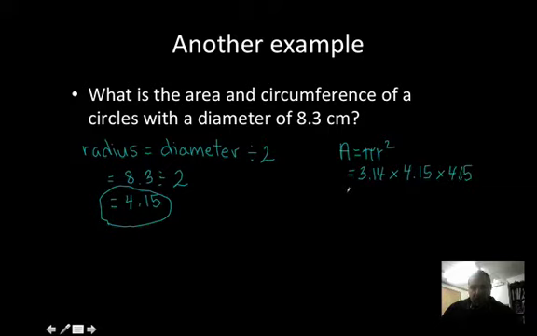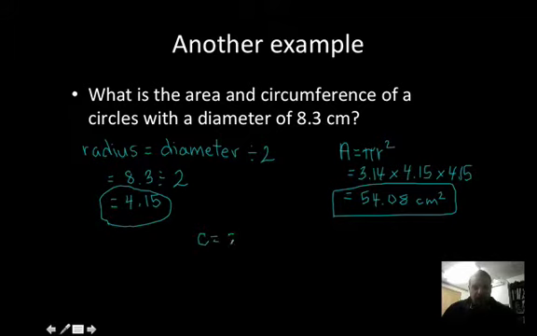to get the radius squared, and this time we get an answer of 54.08 centimeters squared. And here we have our area. To do the circumference, I'm going to start down here. Circumference is equal to 2 times pi times radius.